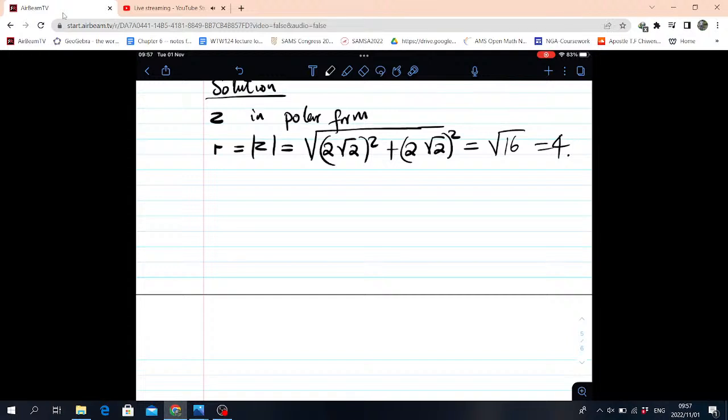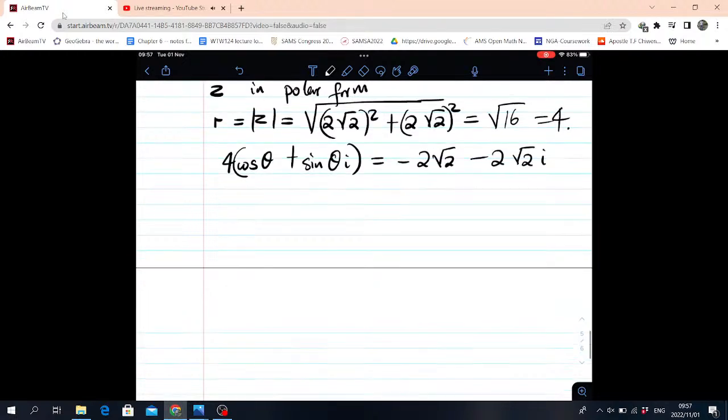And then we want to find the argument, or the principal argument, in fact. So we say 4 cos theta. Again, here you can use any method that you see fit. This will be minus 2 root 2 minus 2 root 2 i.